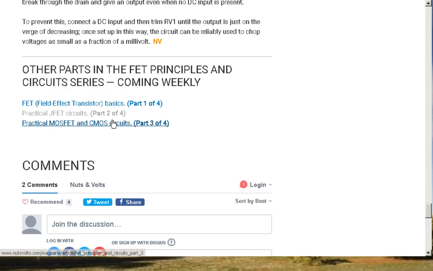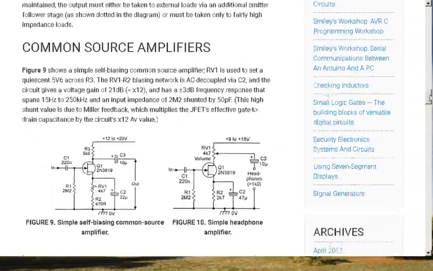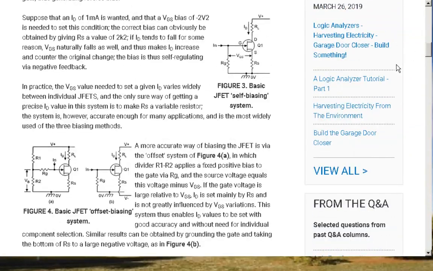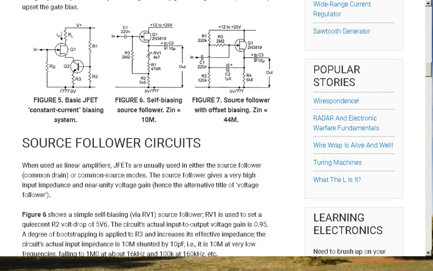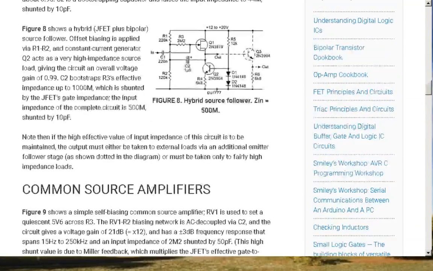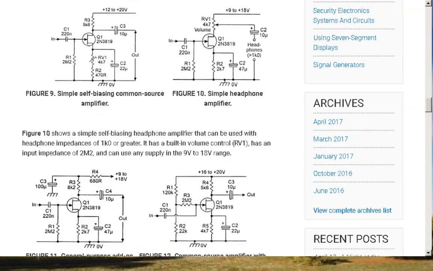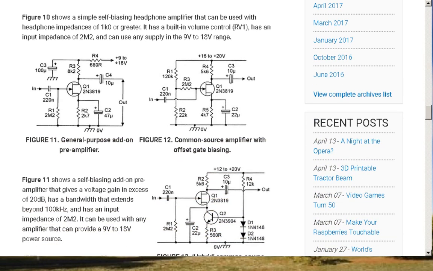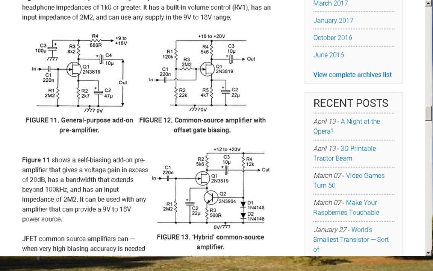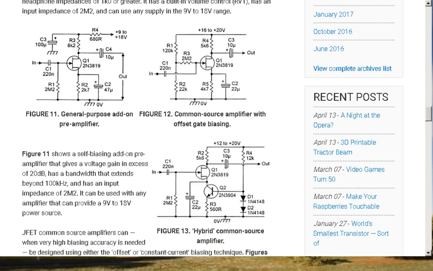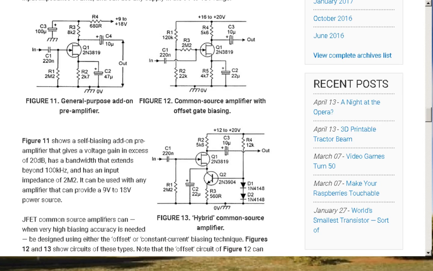Yeah, DC to AC. So those are pretty good circuits. This might work. I like this general purpose preamp. I like figure 12.